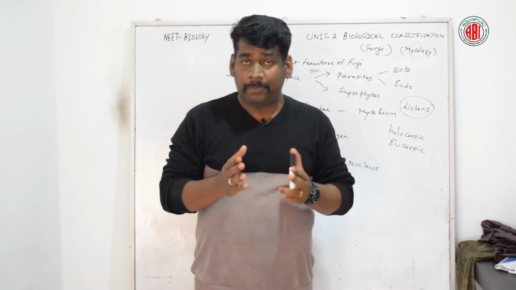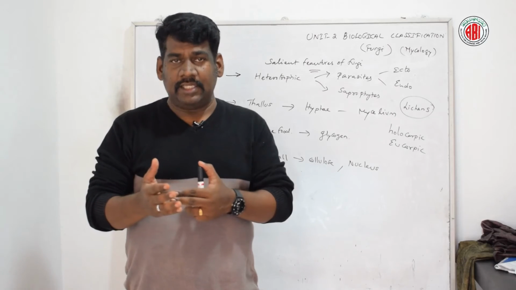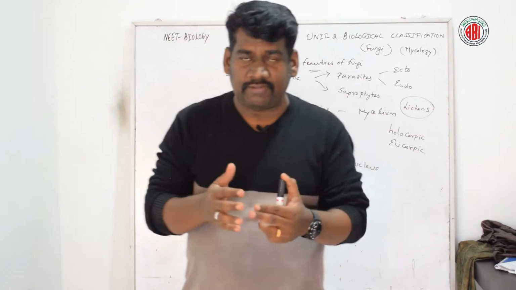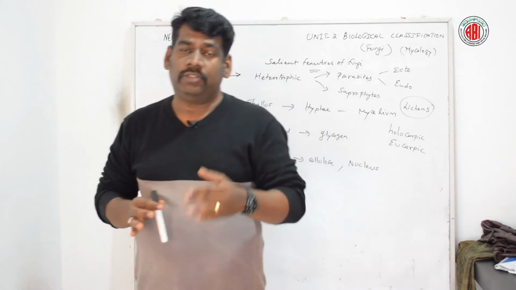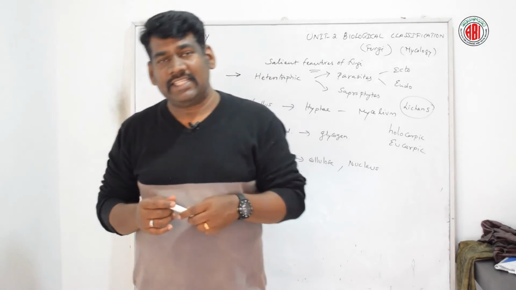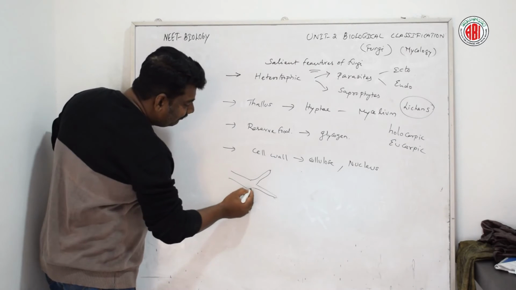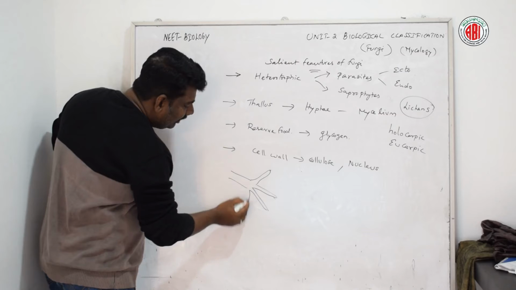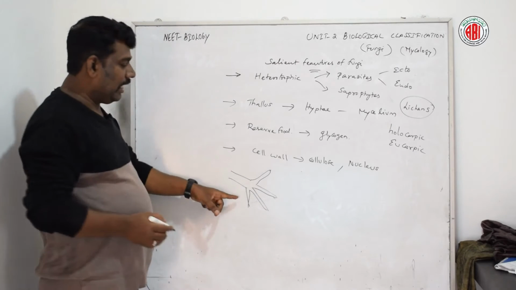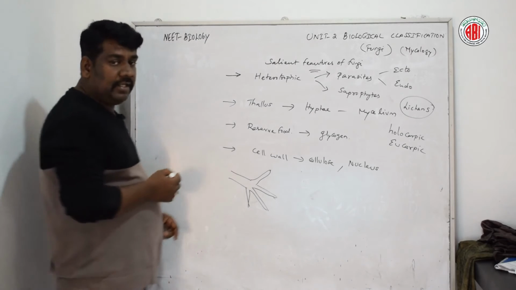The protoplasm present in the hyphae may be continuous without any cross walls or septa. These particular hyphae are called aseptate hyphae. For example, this is one of the thallus, this is one of the hyphae of the fungus organism.